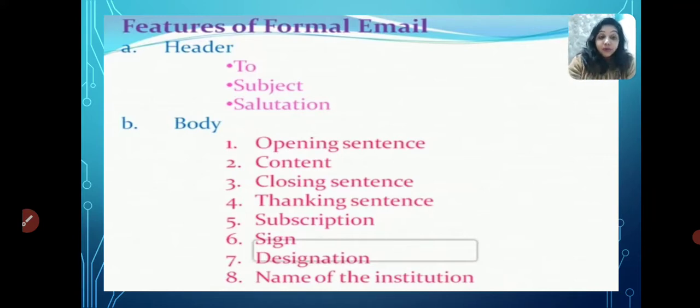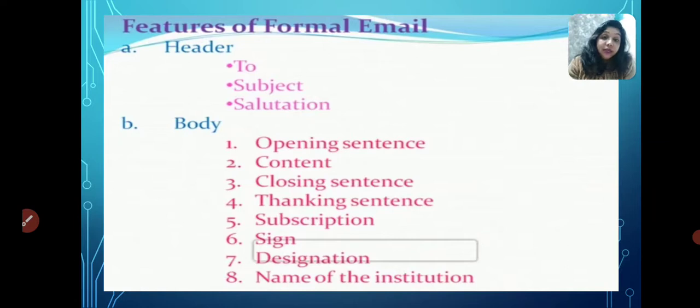Then after that you will write the subject, meaning what this particular email is about. If it is an application for a job, or for some allowance, or a permission from the government or any superior authority of an institution, that should be written there as a subject. Then salutation, to whom you are addressing it.